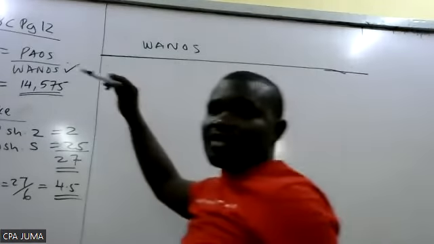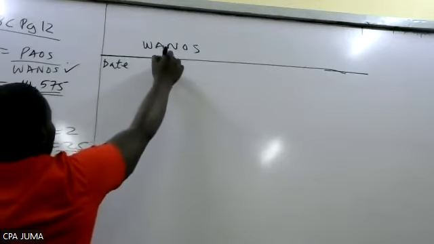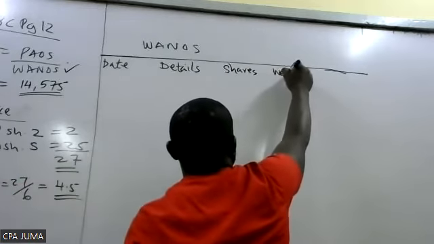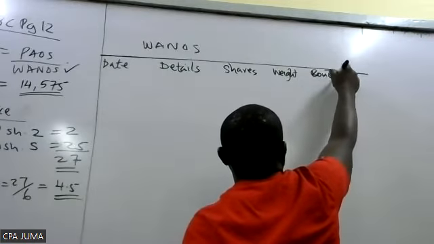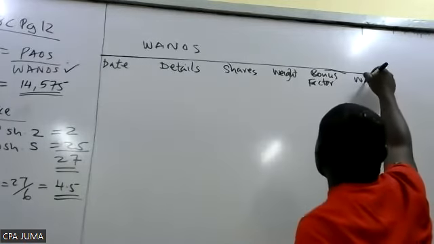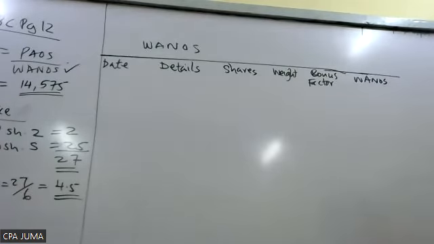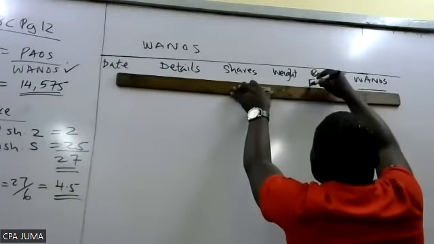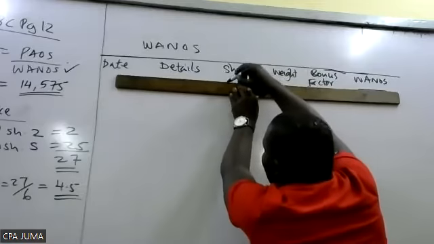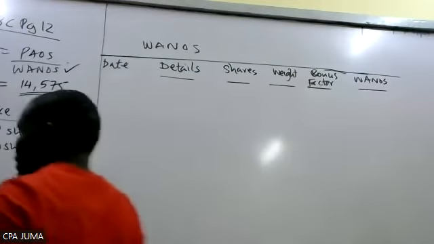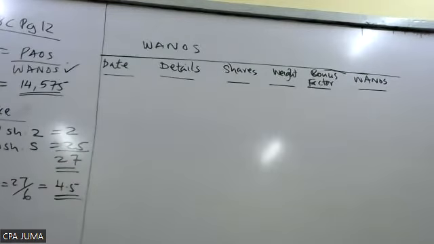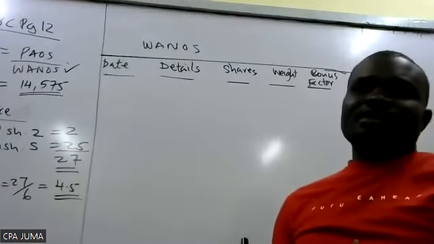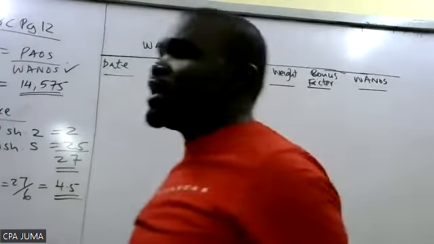The question is having a rights issue. So right here, you will have it this way: date, details, shares, weight, bonus factor, then the weighted number. Like that. So have that. At least, even if in the exam you do not get all the marks, when you see EPS you know how it goes. You can fight through the middle, it is not that you end up with just 0.